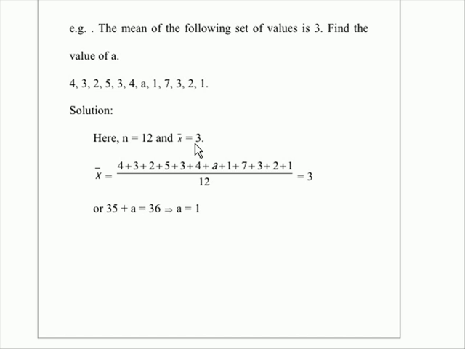So the mean is 3, x bar is 3, and you simply add all the values given here including a and divided by the total number of values, which as you'll count is 12, and you get a simple equation, and thus the value of a is 1.